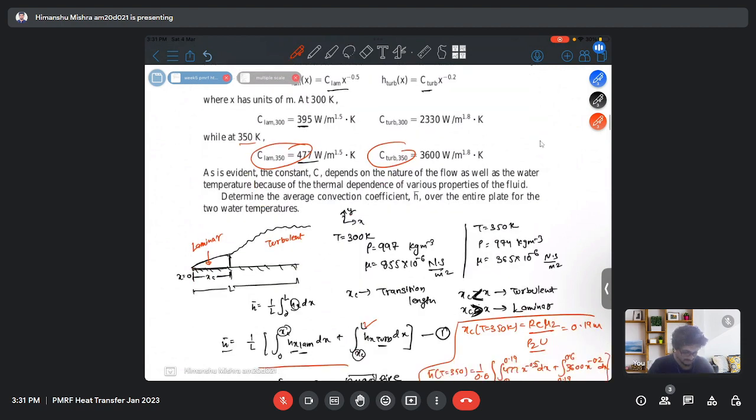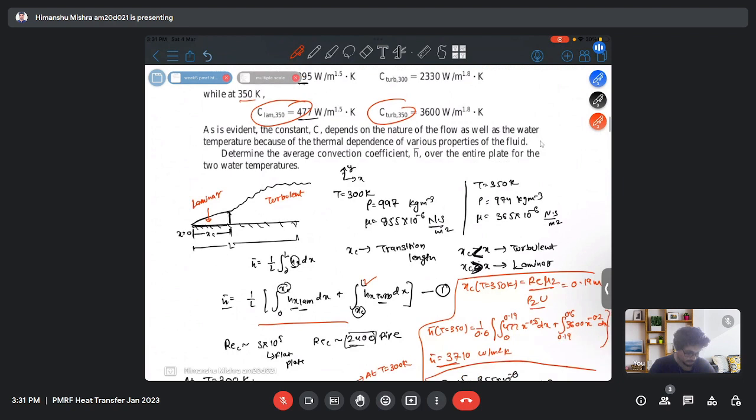Once we get the length, we can integrate the laminar local heat transfer coefficient and the turbulent local heat transfer coefficient separately to get the average heat transfer coefficient. We have done this for two different temperatures, 300 Kelvin and 350 Kelvin. At both temperatures there will be different properties of the fluid. So the density will decrease when the temperature increases.